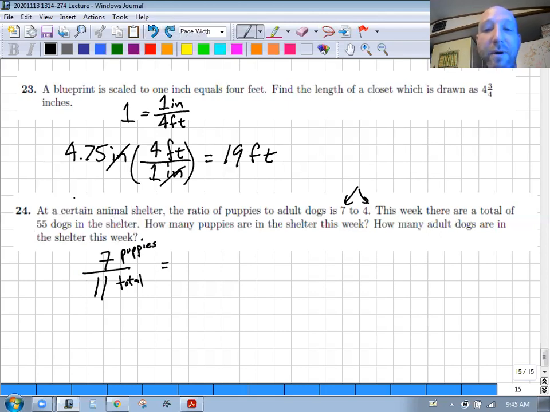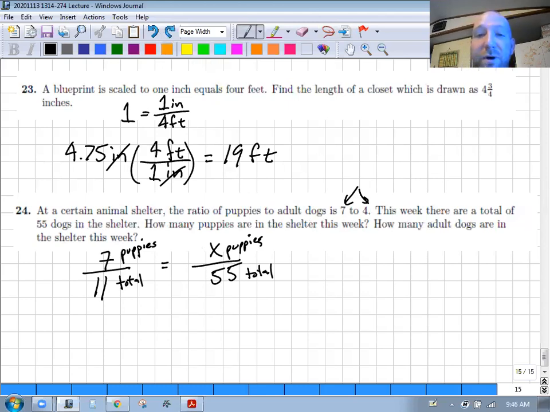That's adults and puppies. So they want to know how many puppies there are this week. Well, how many out of 55 total? This one's confusing because a lot of people put 7 over 4. Okay, but you have to add them together because we're looking at the total number of dogs in the shelter, puppies and adult dogs.